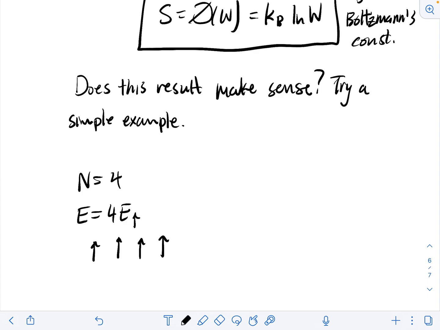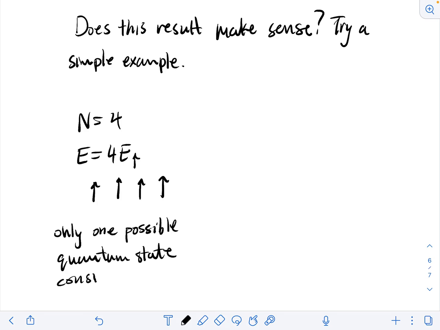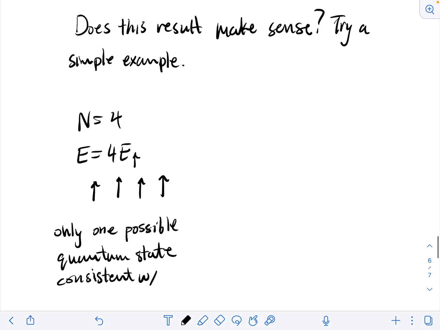And so there's only one possible quantum state consistent with E equal to 4 spin up and n equals 4.